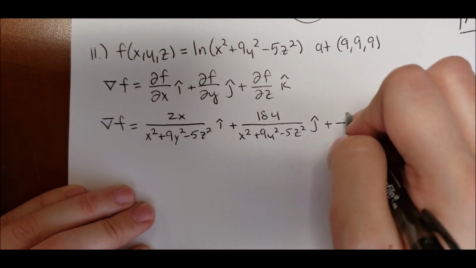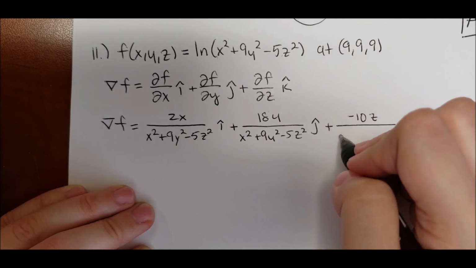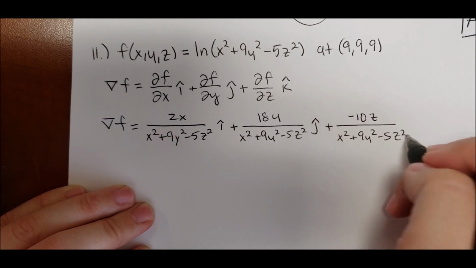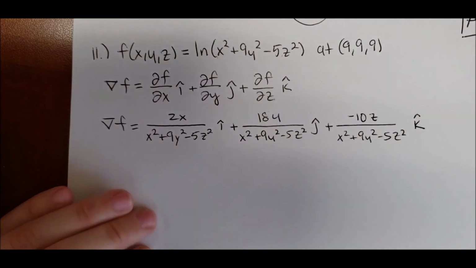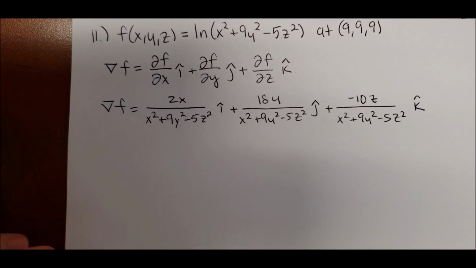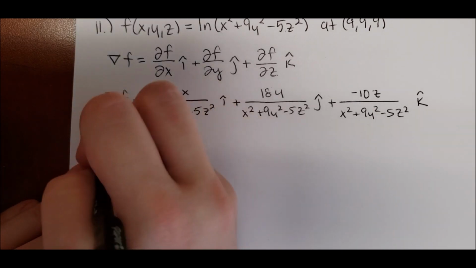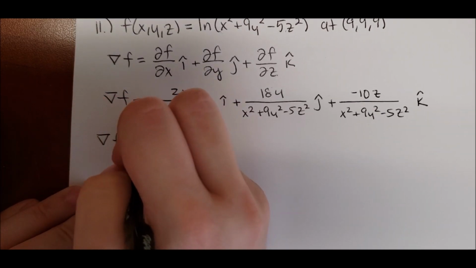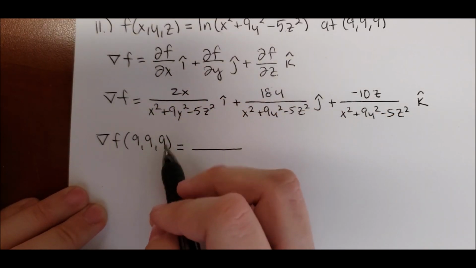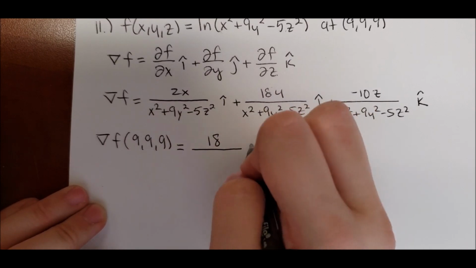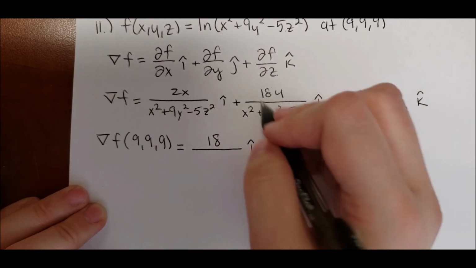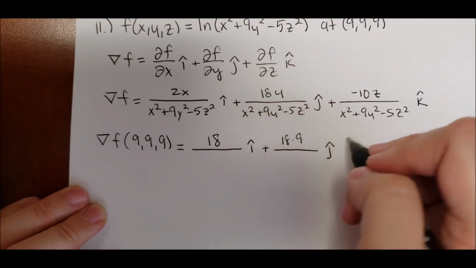And the z component, and now we get to evaluate it. So that's 18 over something that I'll type in a calculator. 18 times 9.